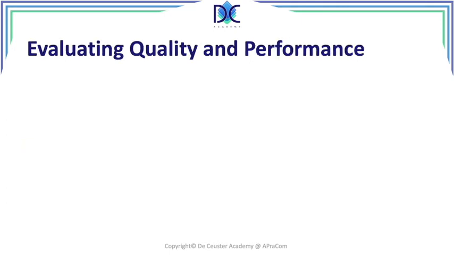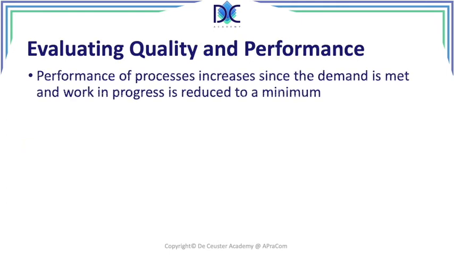We want to evaluate quality and performance. Performance of processes increases when you are using the Kaizen methodology, the demand is met, and the work in progress is reduced to a minimum. We don't have all these items waiting there to be assembled. So when you would be using a classical approach to project management, you create all these different items.